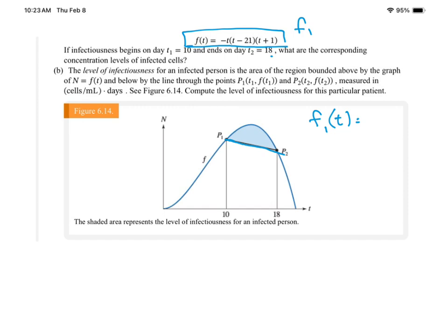We need to write the equation of the line that passes through these 2 points. This is why I'm having you do it on your calculator. Let's find the slope between those 2 points. So you're going to have f of 18 minus f of 10 over 18 minus 10. And let's get a good number for that.